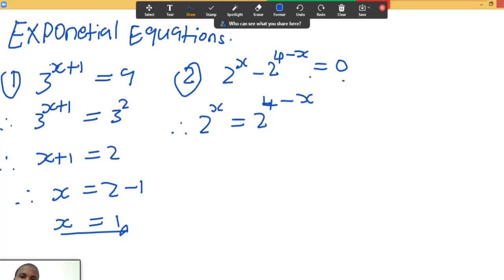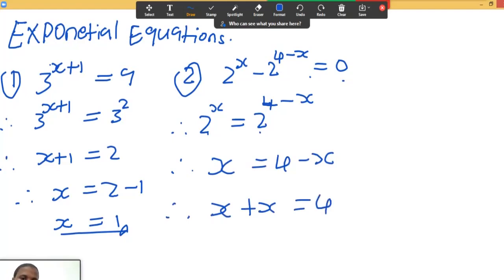Sometimes they call it a transposition. Because our bases are the same here, which is 2, we can equate the exponents. Hence x is equal to 4 minus x. Therefore x plus x is equal to 4, so 2x is equal to 4, and we divide both sides by 2. Hence our x is equal to 2.